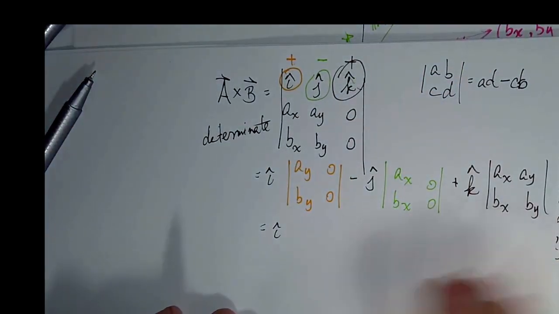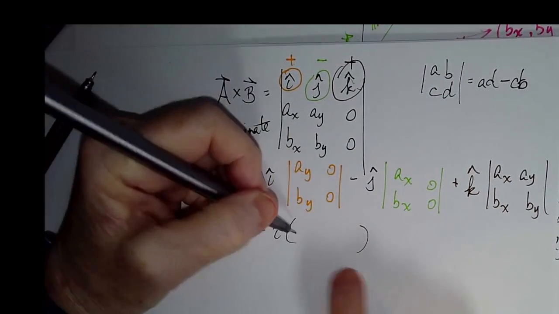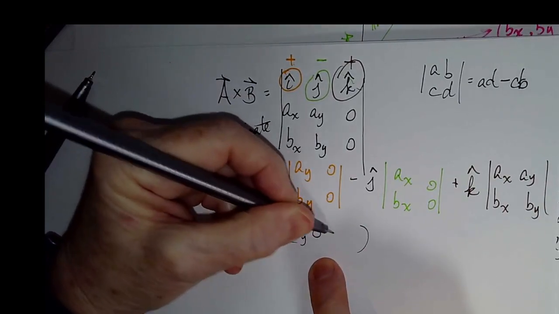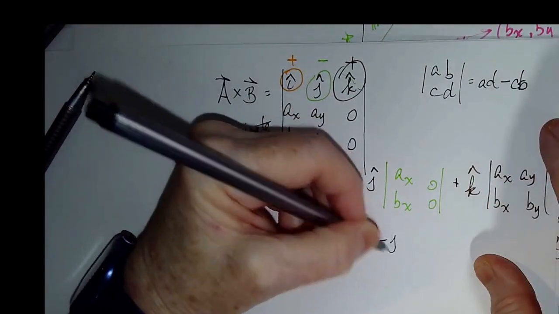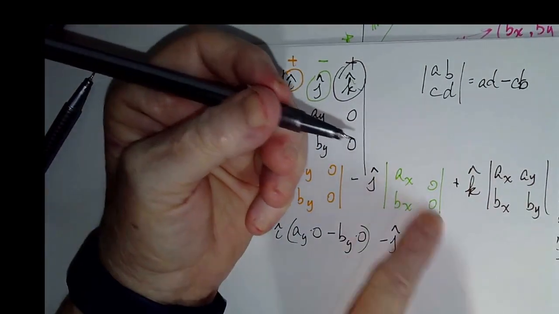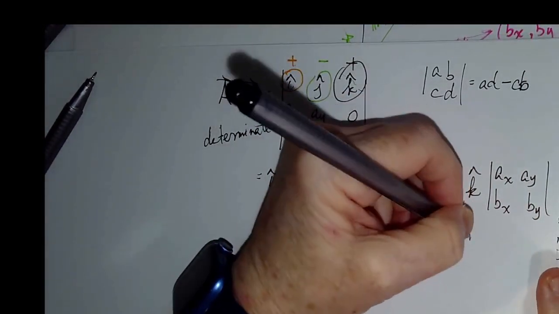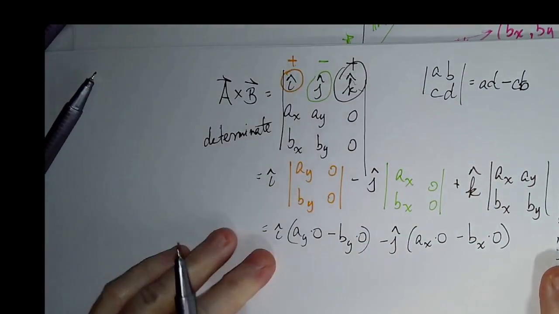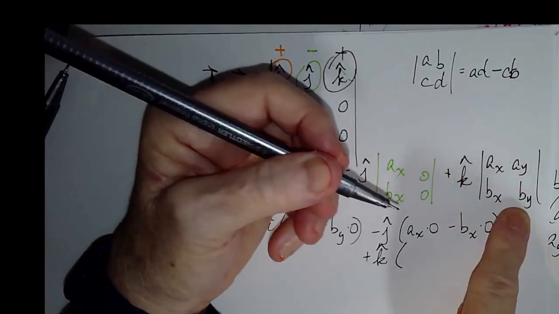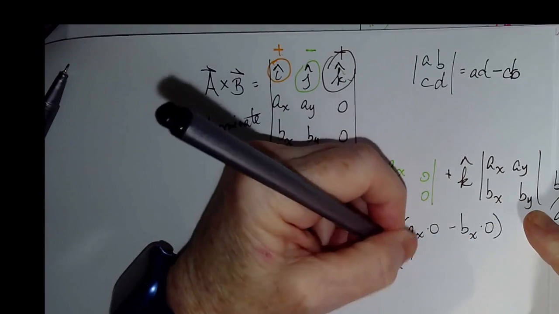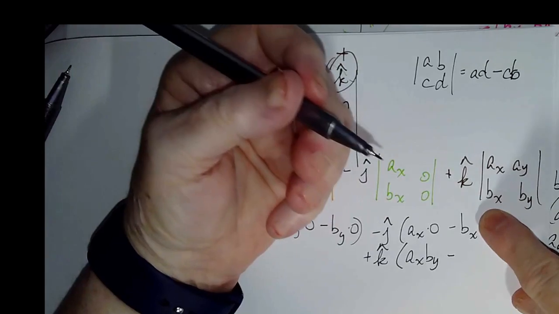If I use that rule, then I've got I times AY times 0 minus BY times 0 minus J times AX times 0 minus BX times 0 plus K times AXBY minus BXAY.